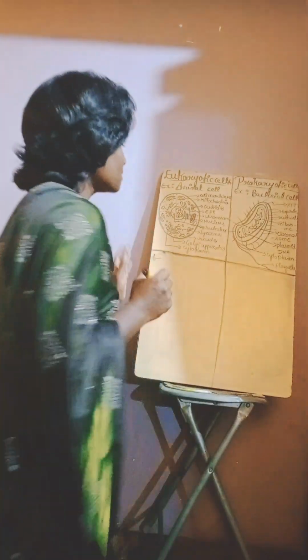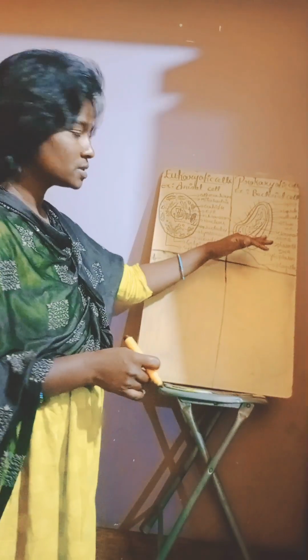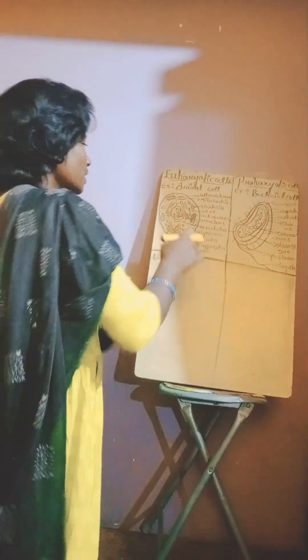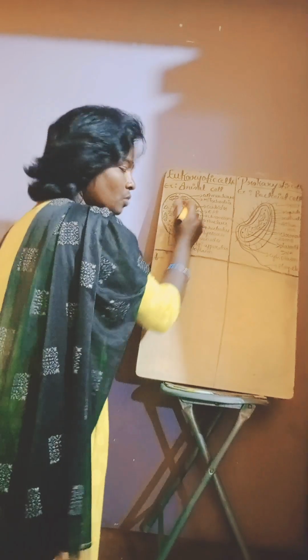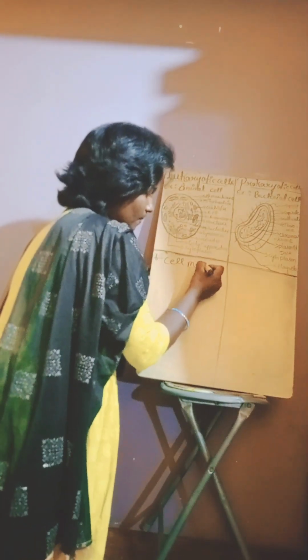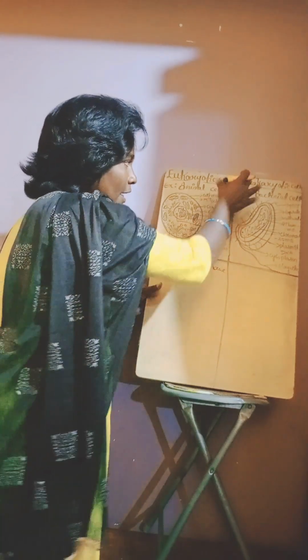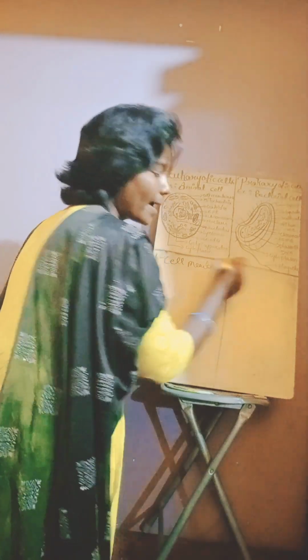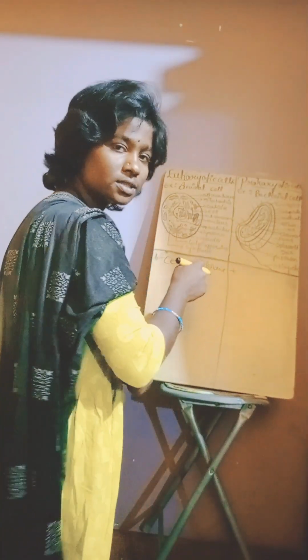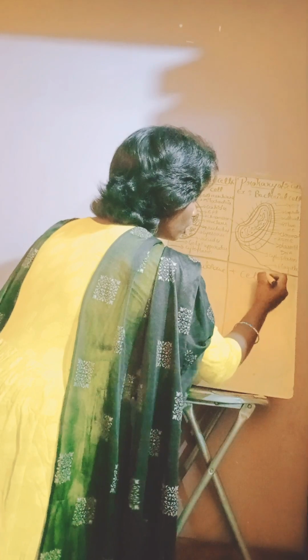So here we can observe the outer covering of the cell. Both types of cells show an outer covering. In case of animal cell, the outer covering is called the cell membrane. Okay. In case of prokaryotic or bacterial cell, the outer covering of the cell is called the cell wall.